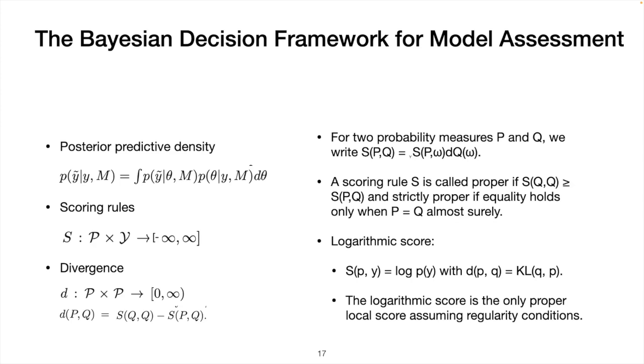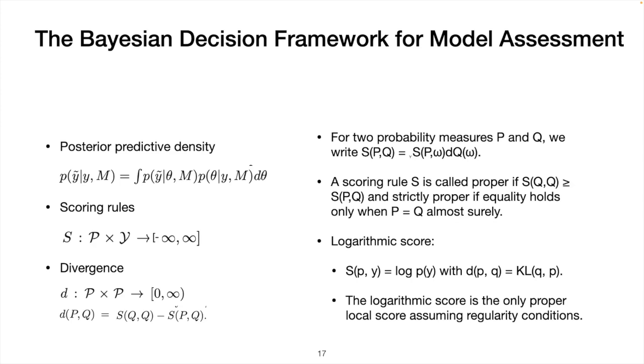That's why it is widely used in almost all inferences. So if you have a prediction and you have an outcome, then you evaluate how good your prediction is through log p(y), p is the prediction, y is the outcome. And the associated divergence with the log score is the KL divergence, which also justifies why KL divergence itself is widely used in machine learning or in Bayesian statistics.